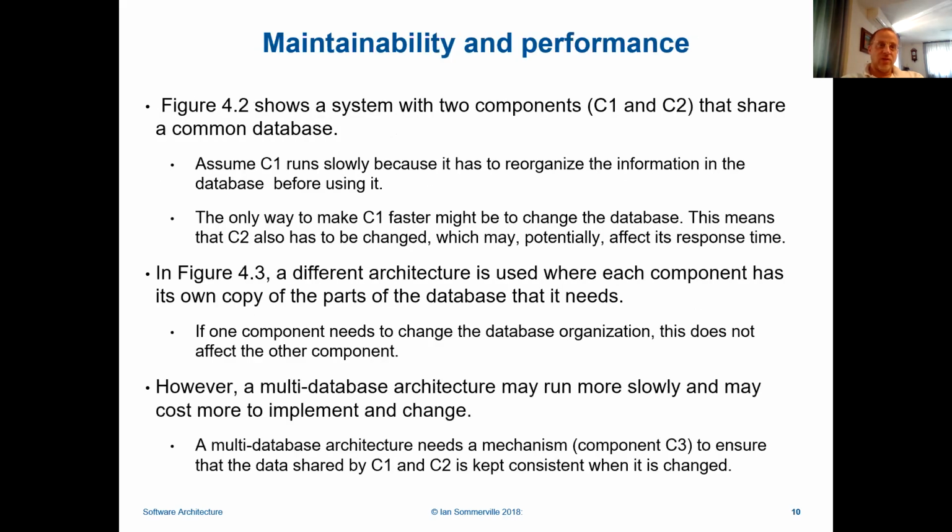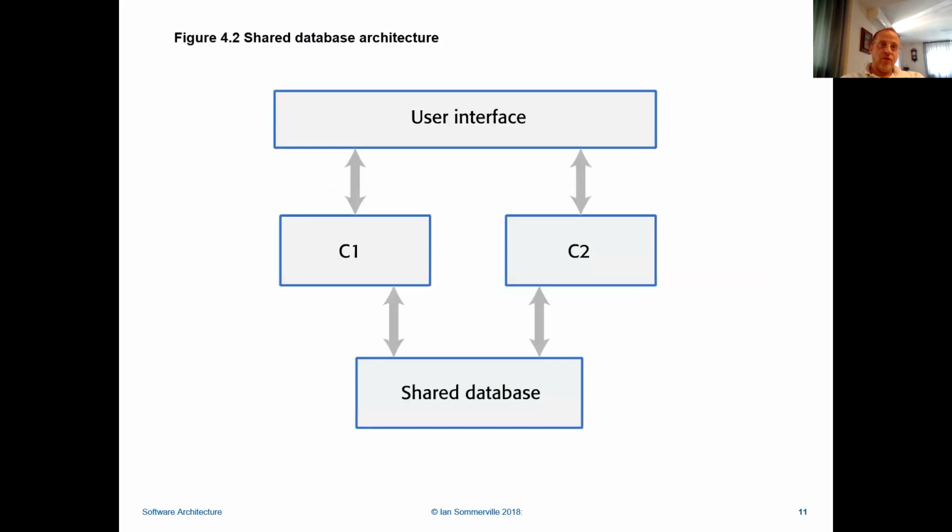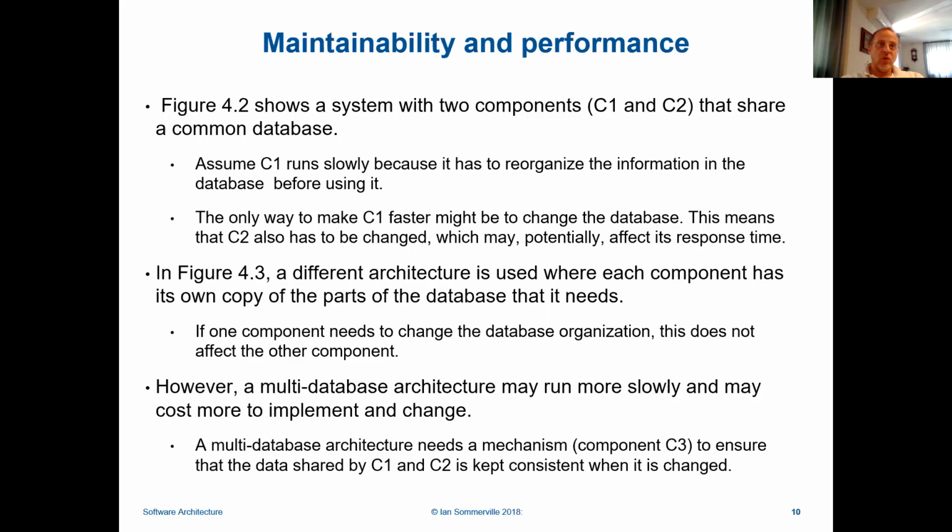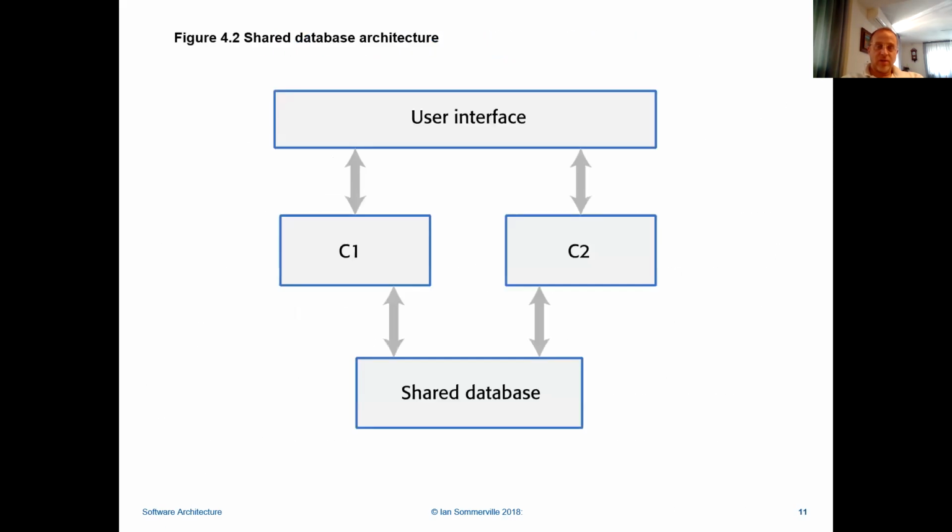So that's centralized security: user interface, C1, C2, shared database. In that picture we just saw, there are two components, component 1 and component 2, that share a common database. There's a shared database, and they both use it.